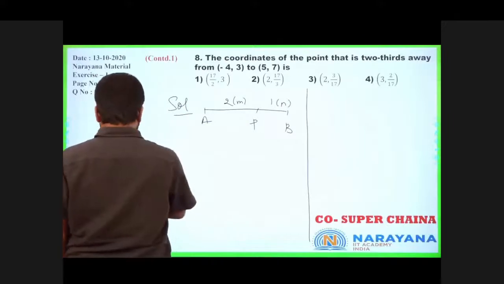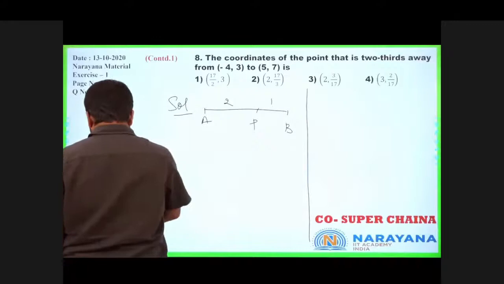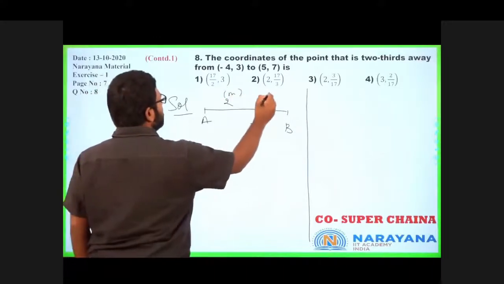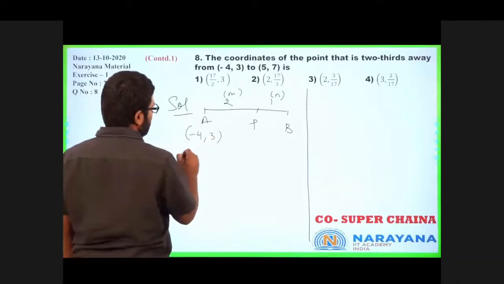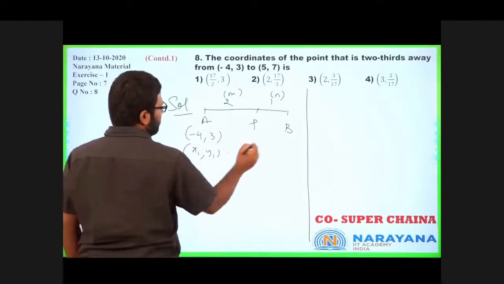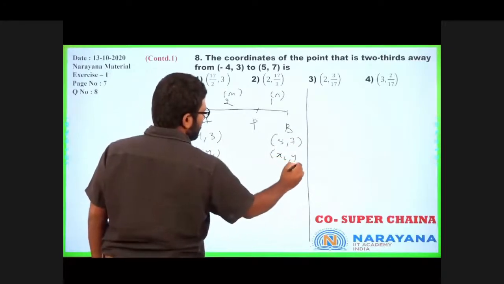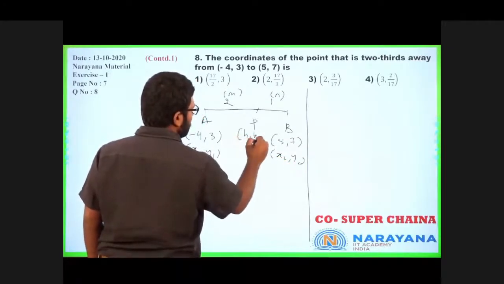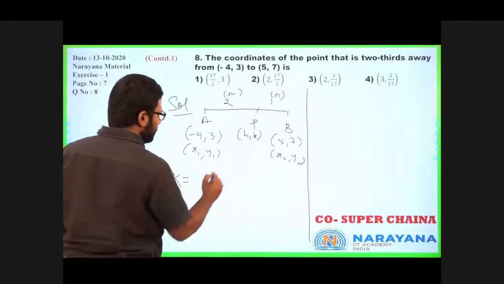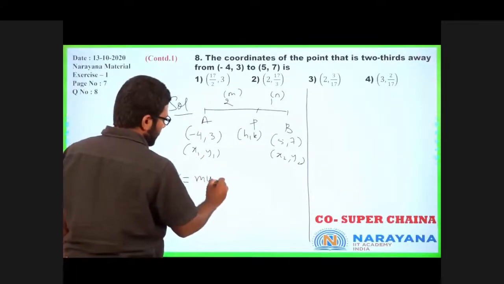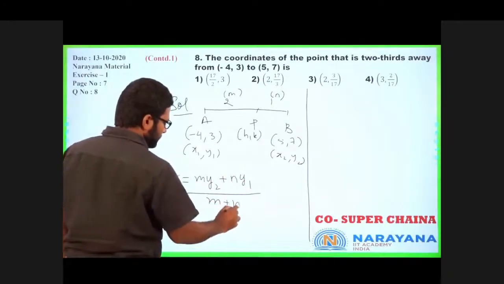This is M, this is N. A is minus 4 comma 3, which is x1 comma y1. B is 5 comma 7, x2 comma y2. Now this is h comma k. So this time we will write k. K would be, what is the formula? m y2 plus n y1 upon m plus n.